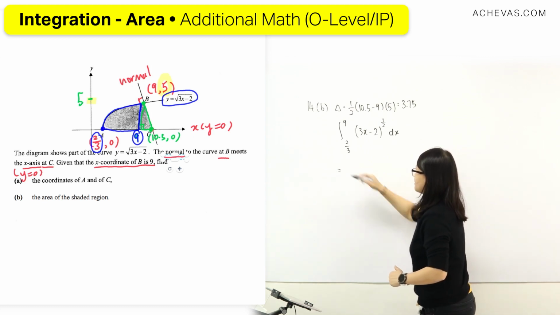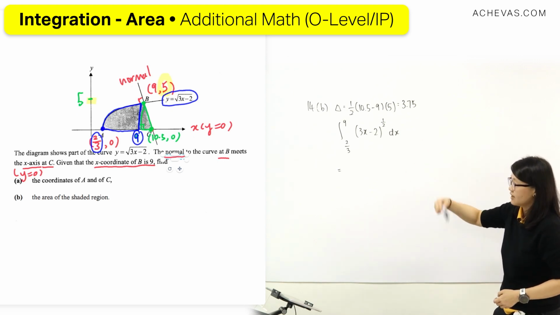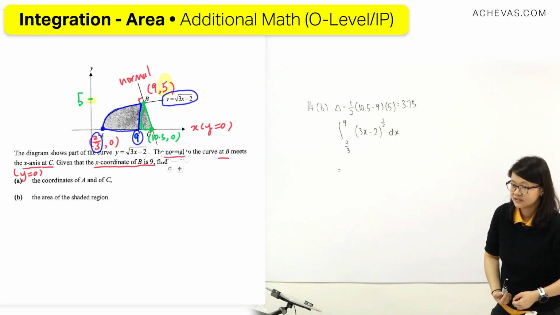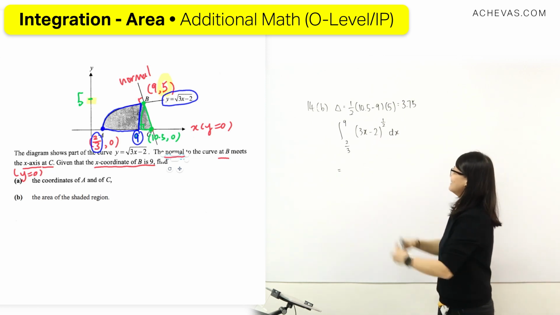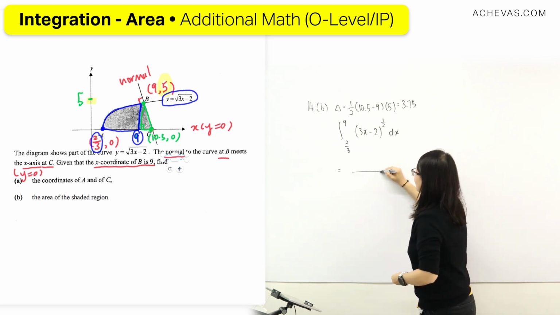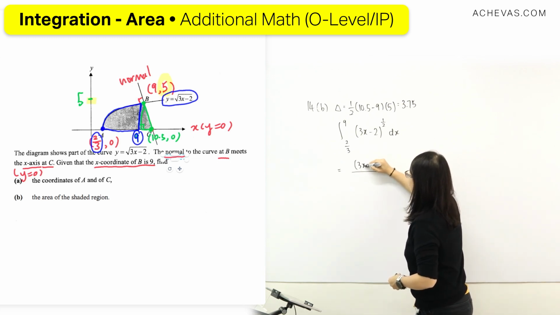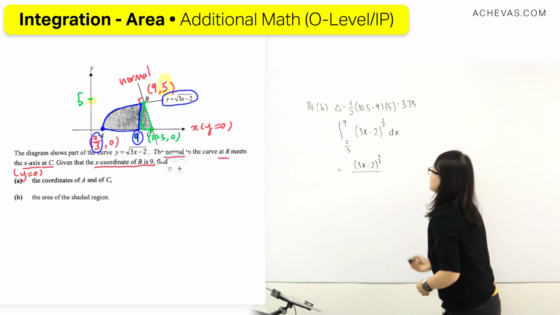Okay, now I start my integration process. For this type of integration, you raise the power, divide by the power, and divide by the coefficient of x. Remember your inside needs to be done. Whenever you see a bracket, remember, okay? That's the inside layer. So now I increase the power first. So for 3x minus 2, take the calculator, half plus 1. You should be getting 3/2, right?